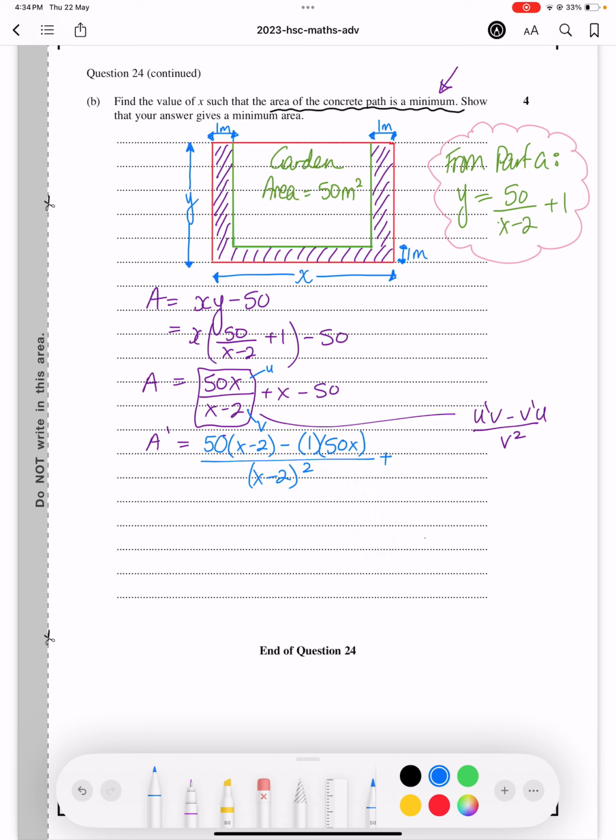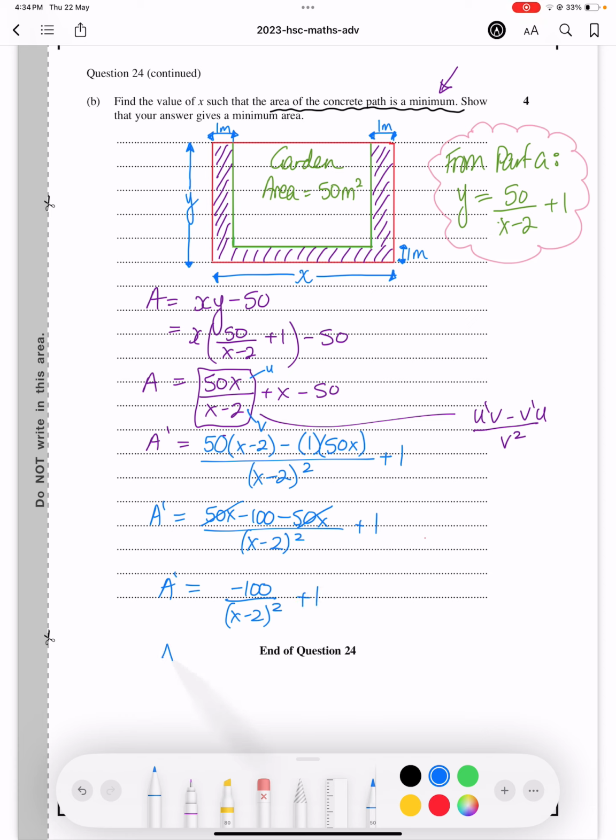The derivative of x is 1, the derivative of any constant is 0, so we leave that out. So A dash equals 50x minus 100 minus 50x over x minus 2 all squared, and then we've got the plus 1 there. So we get A dash as minus 100 over x minus 2 all squared plus 1.